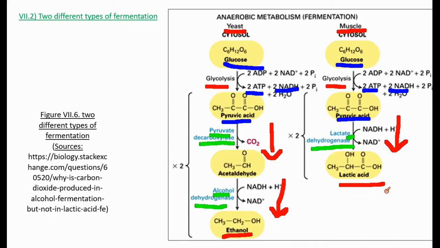In this case, lactic acid is produced. If we link with the examples we've just had a look at, beer and wine will be using this first type of fermentation, alcoholic fermentation, whereas cheese and yogurt are made using lactic acid fermentation.